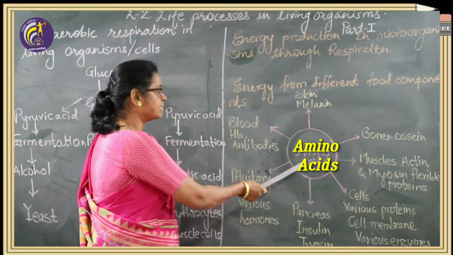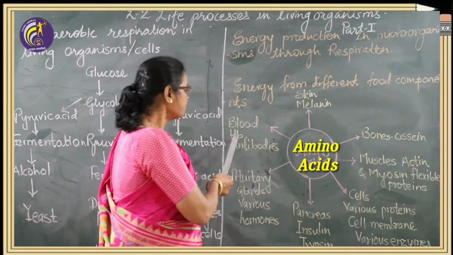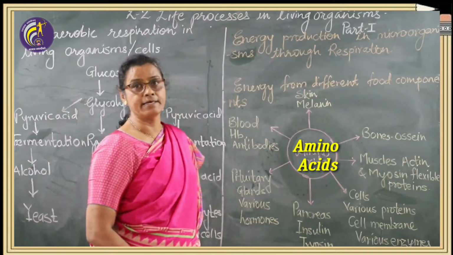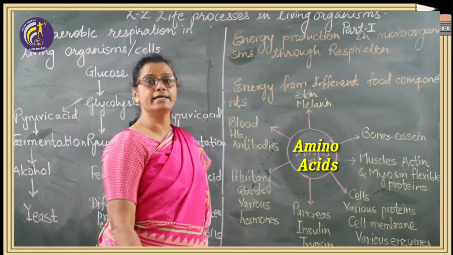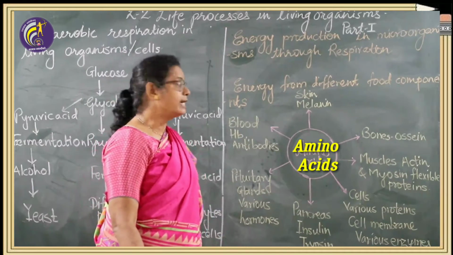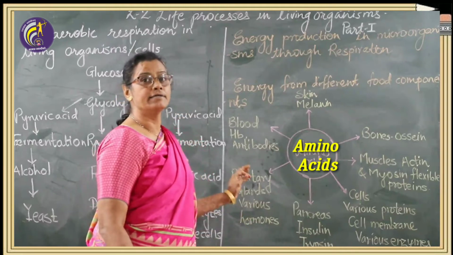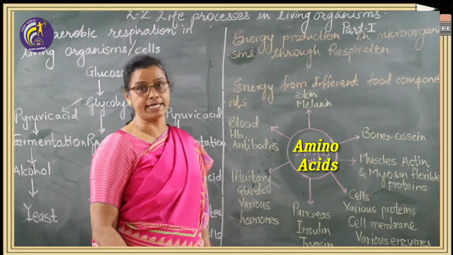The amino acids are used in our blood for producing one of the conjugate proteins called hemoglobin. In our blood there is the hemoglobin part, and that is giving red color to our blood. It has the capacity to carry oxygen to various parts of our body.